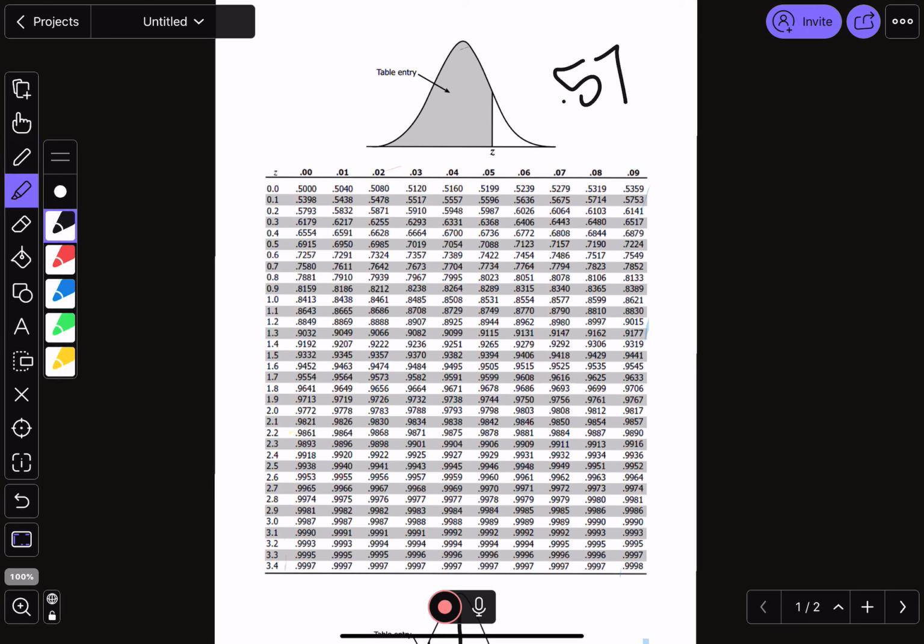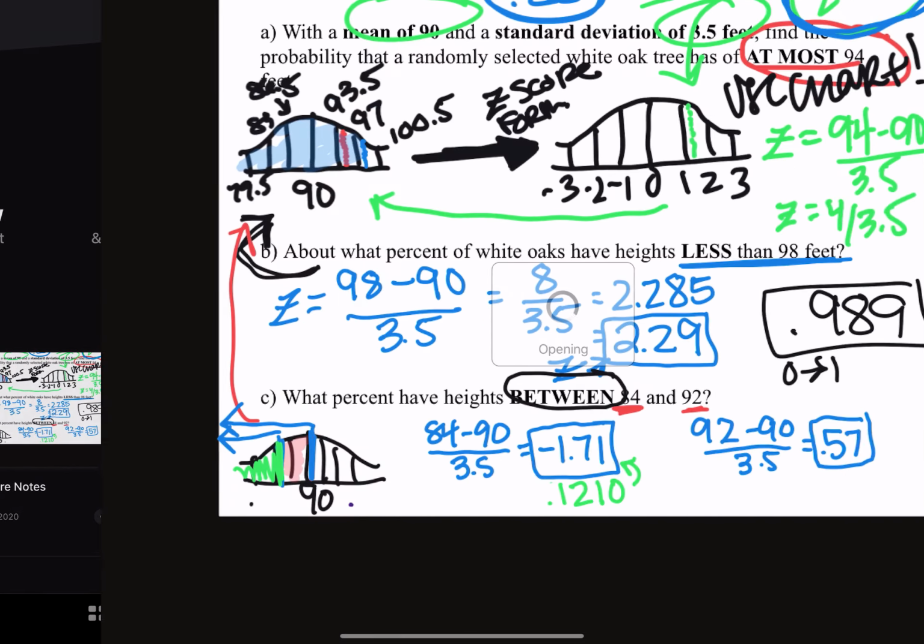Okay, I am going to go to 0.5, which is here, and I'm going to go to 0.07, which is here. Okay, so my probability is 0.7157. Okay, let's go back to our paper.